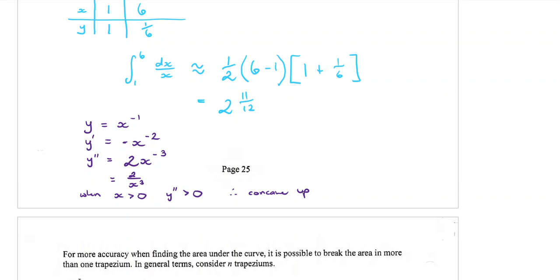When it is concave up, are we overestimating or underestimating? Overestimating. So therefore, our approximation is an overestimate. Okay. So that was one trapezium.